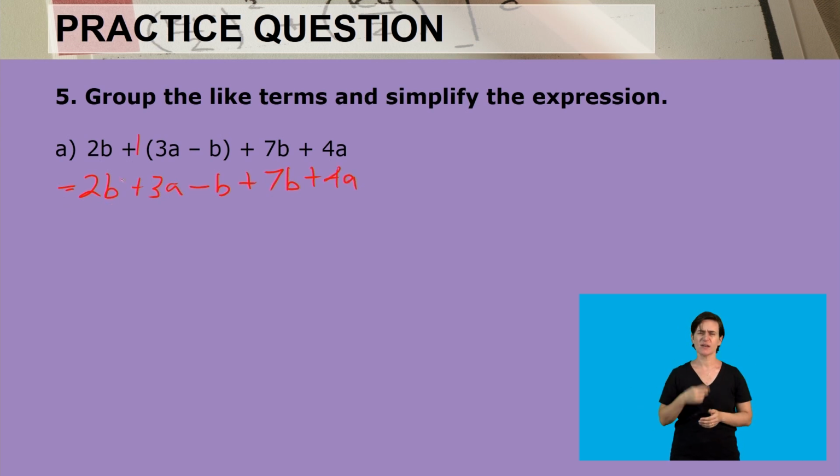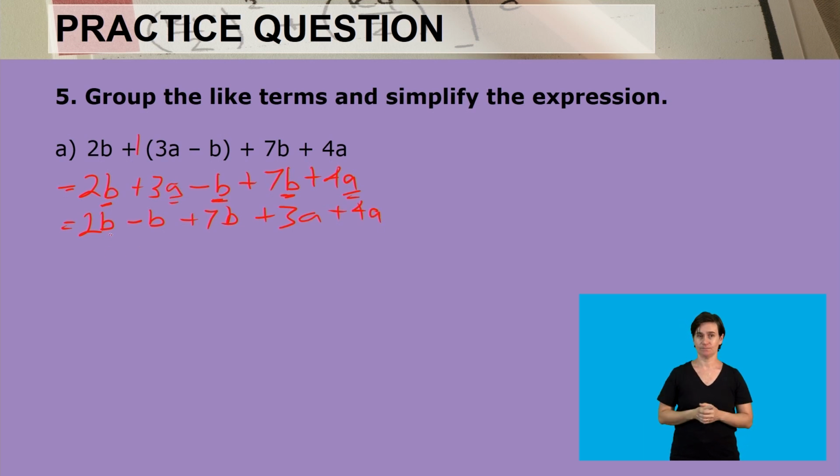So now we don't have brackets. We can look at like terms. Our like terms would be b, there's b, and there's b. So it's 2b minus b plus 7b. And then there's a there and there's a there. So that would be plus 3a plus 4a.